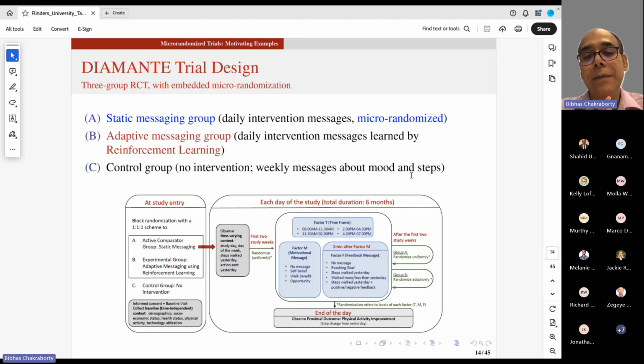And within the two active groups, except the control group, they get some kind of micro-randomization. One group gets a pure micro-randomization. The other group gets adaptive micro-randomization using reinforcement learning. And what are the different elements or factors in the intervention? I'll come to that in a minute.